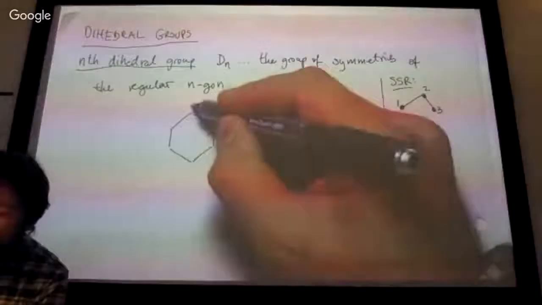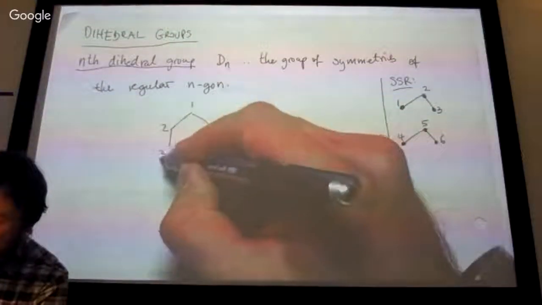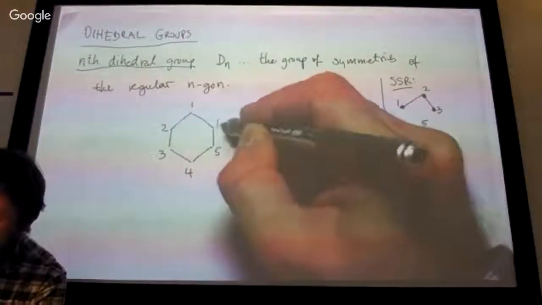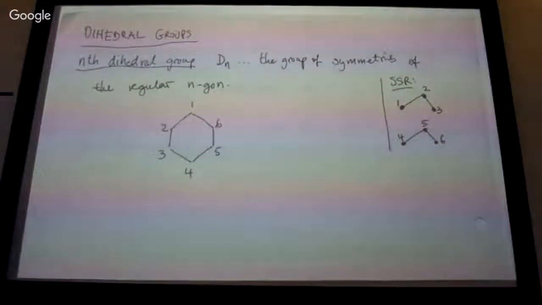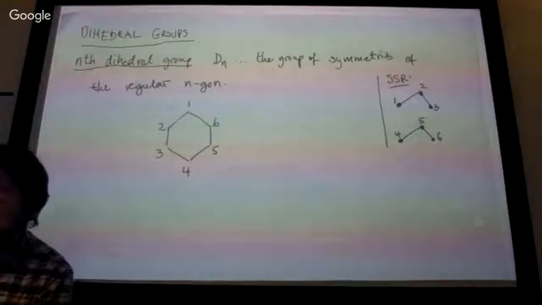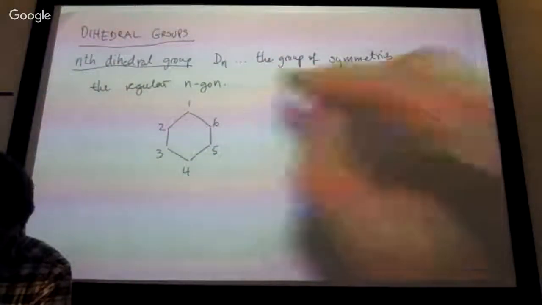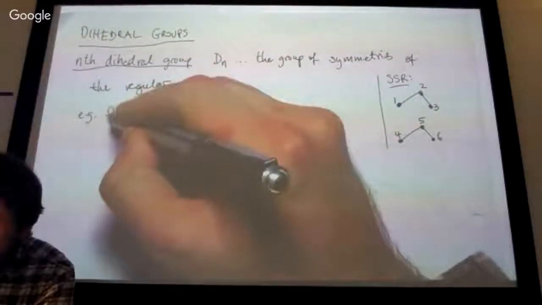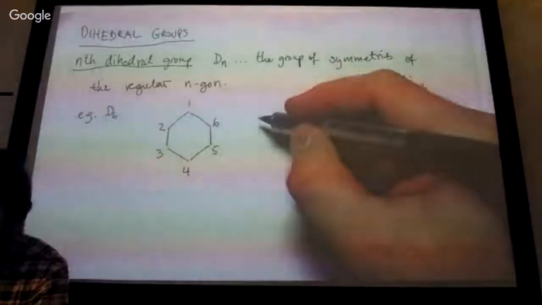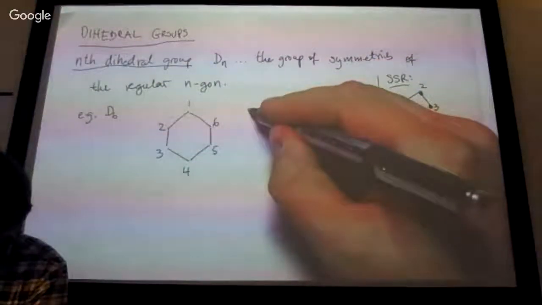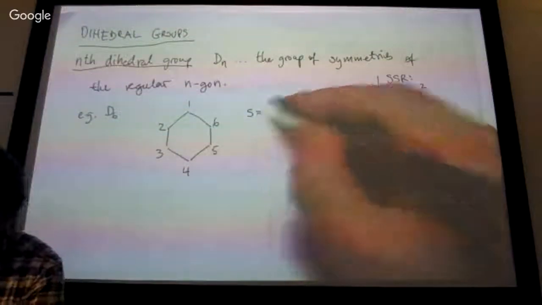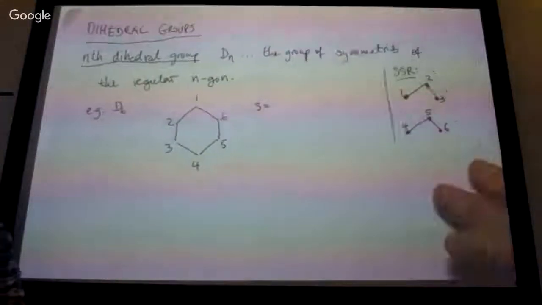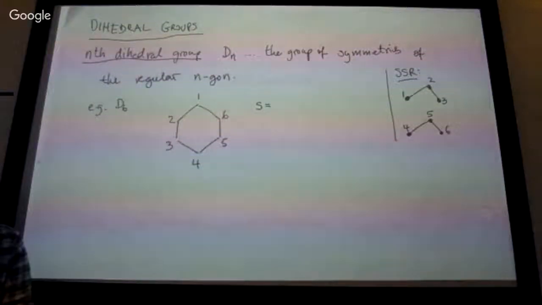Another point of view is you just look at the vertices of the hexagon, and you take it as a finite permutation of these vertices. So 1 maps somewhere, 2 maps somewhere, 3 maps somewhere, and so on. So the vertical reflection in this point of view, e.g. in D6, we have this reflection, I'll call it S for some reason, and you can write it, in fact, as a permutation of the numbers 1, 2, 3, 4, 5, 6.